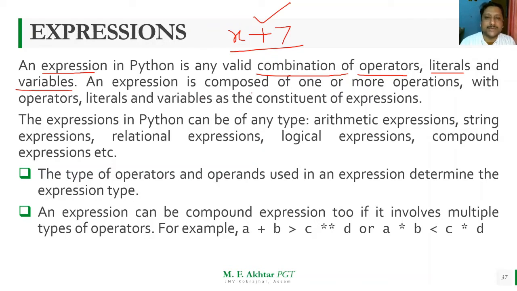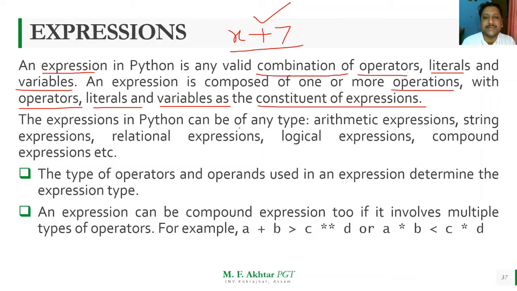An expression is composed of one or more operations, with operators, literals and variables as the constituents. So the parts of an expression are operators, literals and variables. When we combine these things, it becomes an expression.